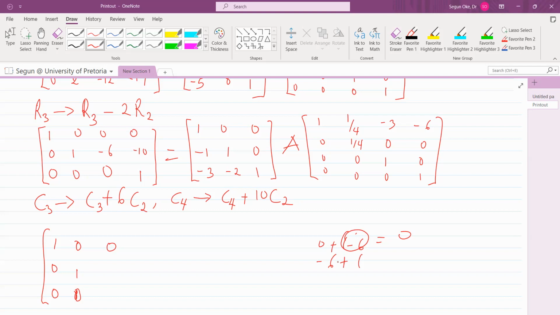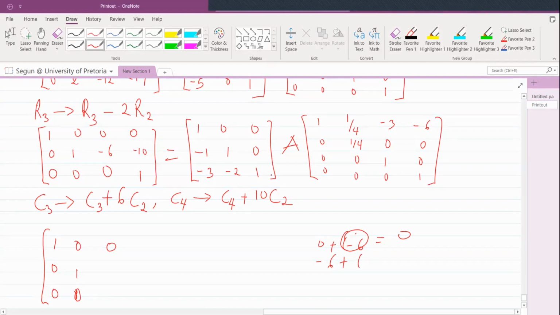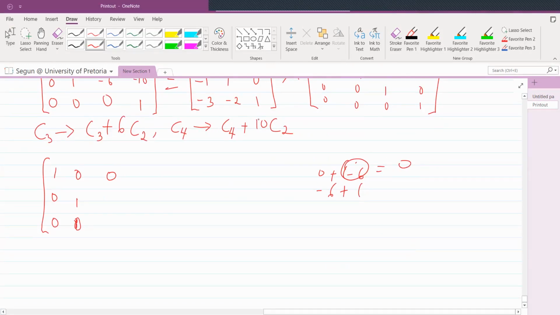No, it's going to be 6 multiplied by 1, which is 6. So it's going to be 6 here, which is equal to 0. We've achieved that aim.